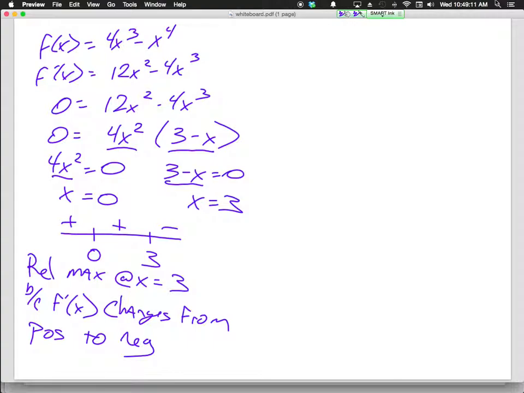Very nice. So I have a relative maximum at x equals 3 because f prime of x changes from positive to negative. Perfect.